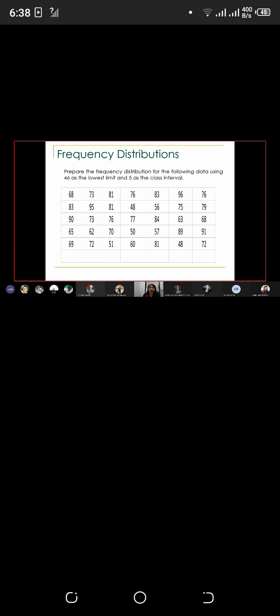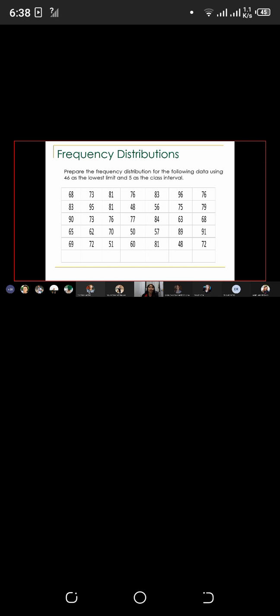So, we start from our number of classes. Dun sa first class natin, mag-start tayo ngayon ng 46. Okay? And then, our class interval daw is 5. Paano ba natin nakukuha yung class interval? Di ba yung class interval, we arrive at this amount kapag dineduct natin yung higher limit dun sa lower limit for every class.